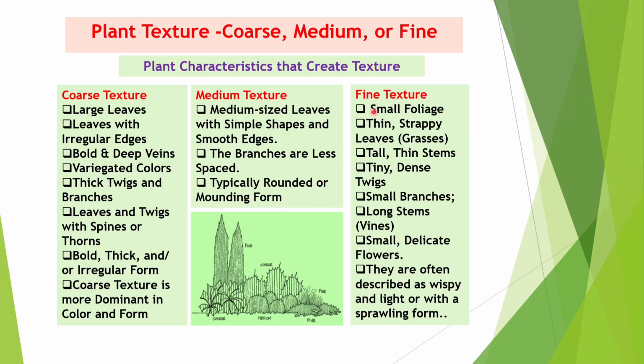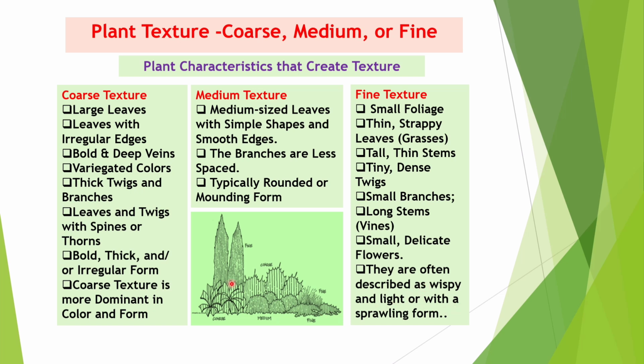They will have small foliage, thin, strappy leaves like grasses, tall, thin stems, tiny, dense twigs, small branches, long stems as we have seen in vines, small but horizontal, small delicate flowers. They are often described as wispy and light or with a sprawling form.